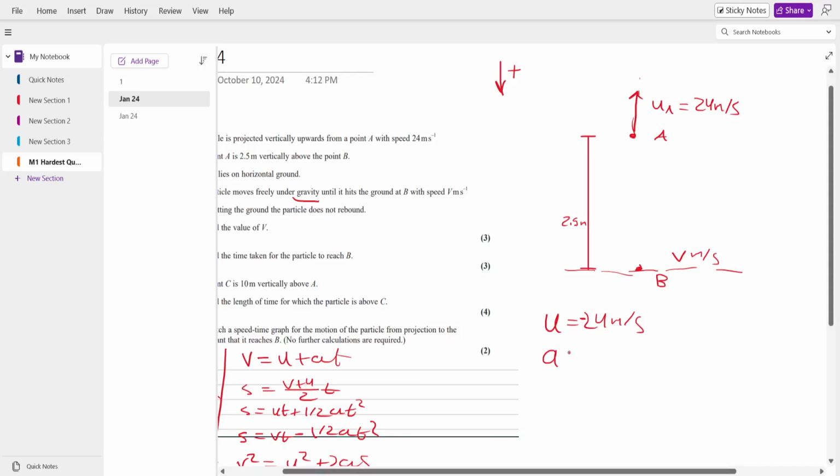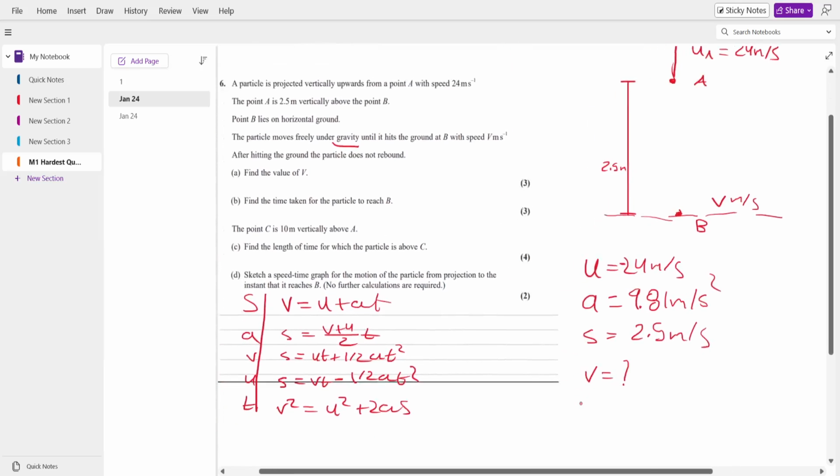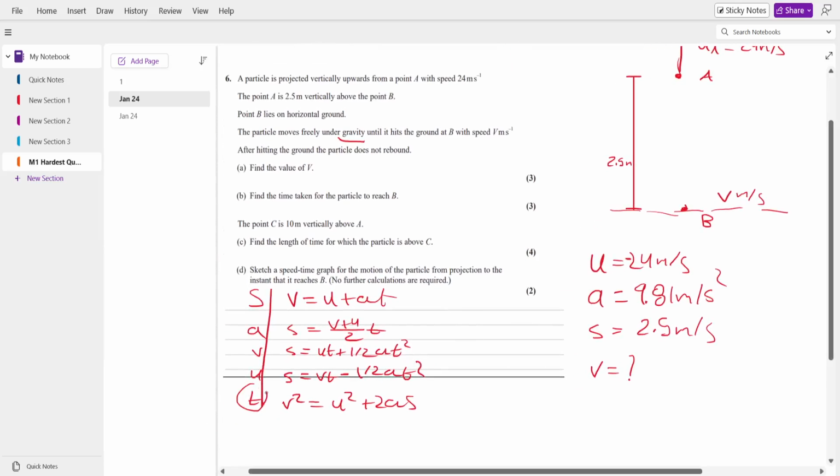And a, I know that my acceleration is acting downwards, which is the positive direction I've assigned, so it's going to be a positive 9.81 meters per second squared. s is 2.5 meters below A, so it's also a positive value. And v is basically what I want. The only letter I didn't mention was t. So I will come back to my table and very easily choose the equation in front of t.